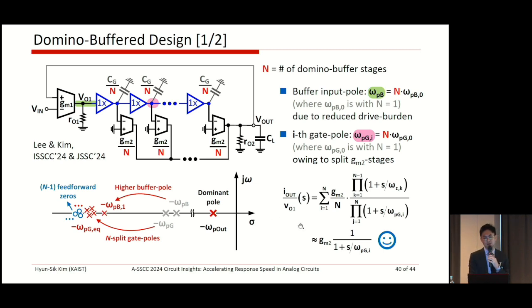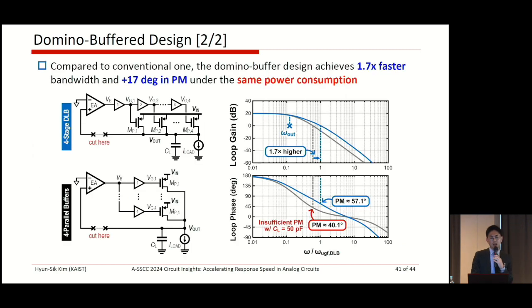Effectively, just one high frequency gate pole remains. This can be compared with the parallel buffered and domino buffered designs. For the same power consumption, the domino buffered design can achieve more than 70% higher bandwidth and 16 degrees higher phase margin.